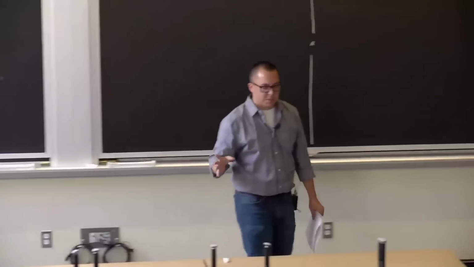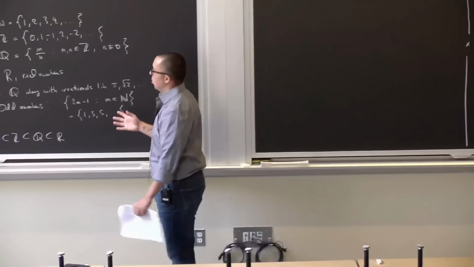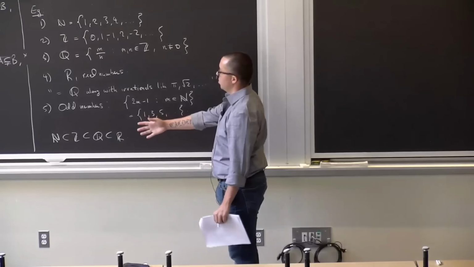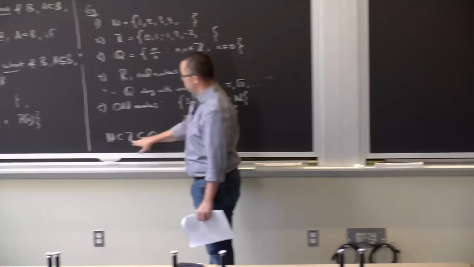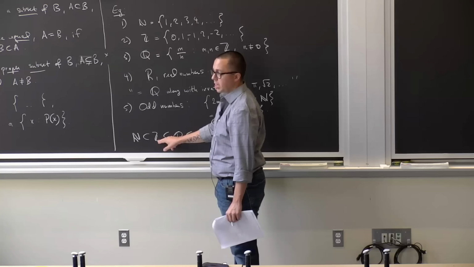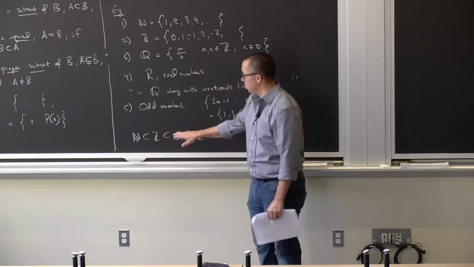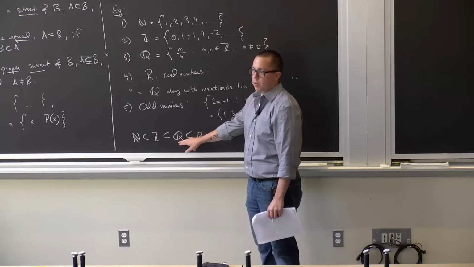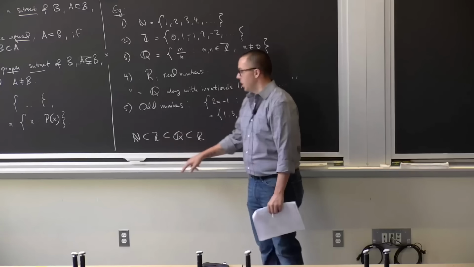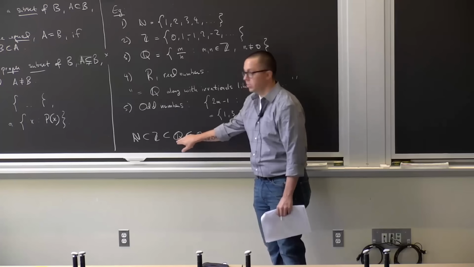If you look at the history of why these things were thought up in the first place, they were thought up to solve polynomial equations that you couldn't solve in the number system before. Integers were created because I could not solve the equation x plus 1 equals 0 in the natural numbers. Rationals were thought of because I could not solve the equation 2x plus 1 equals 0 in the integers. And the real numbers were thought of because I cannot solve the equation x squared minus 2 equals 0 in the rational numbers.